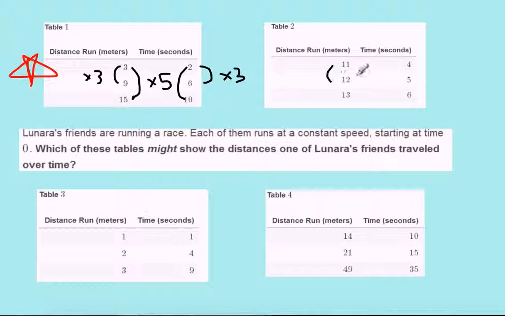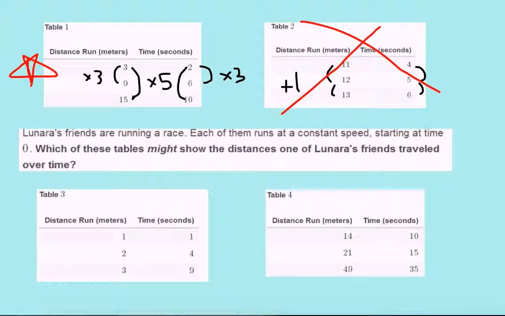Let's check out this next one. Let's see, 11 to 12, 4 to 5. I can see right now what's happening. Are they using multiplication? No, they're using addition, plus 1. We know that addition does not work for equivalent ratios, and therefore table 2 is not going to be an option.